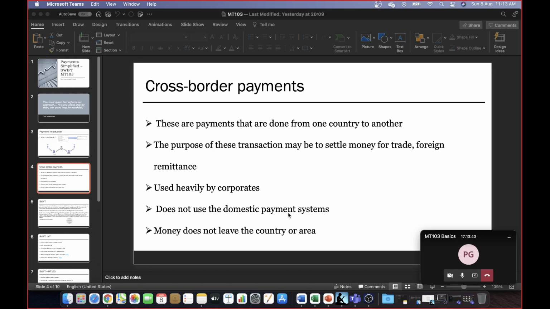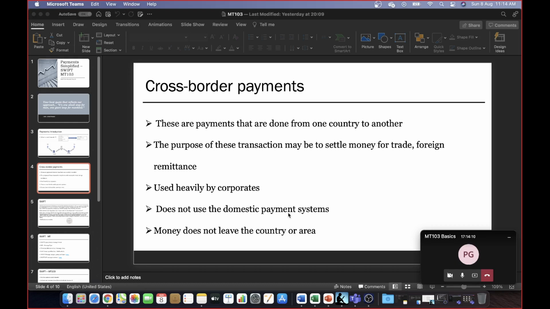The other point is that the cross-border payment system actually uses a domestic payment system for transferring funds. But for example's sake, we are assuming that there is no domestic payment system involved. Actually, there are several ways in which this fund transfer can happen.